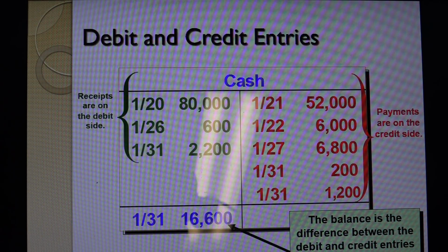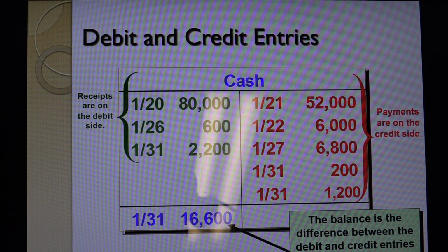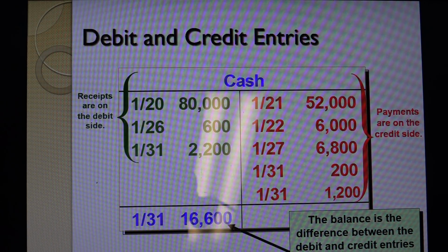In this case, it's that figure at the bottom. You have a debit balance at the end of the month of $16,600, which represents the differences between cash inflows on the left and cash outflows on the right.